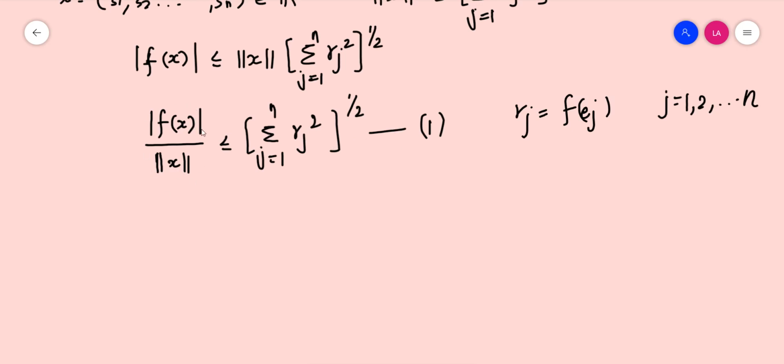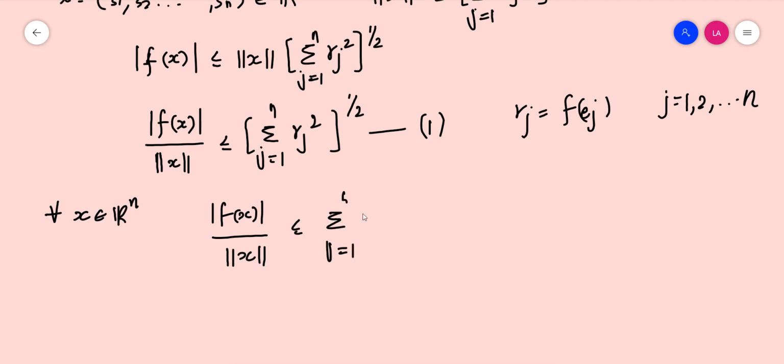So for any x element of Rn, where f is an arbitrary linear functional, modulus of f of x by norm x should be less than or equal to summation j equal to 1 to n gamma j square, the whole raised to 1 by 2.